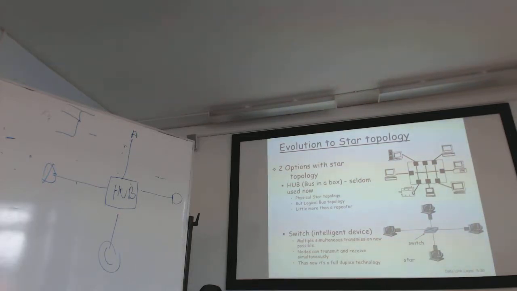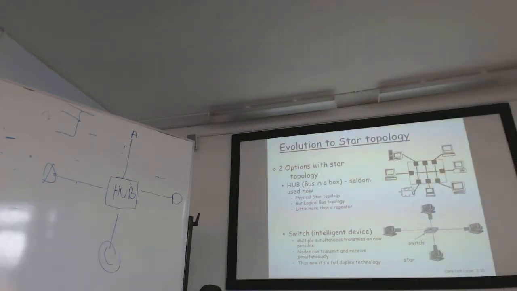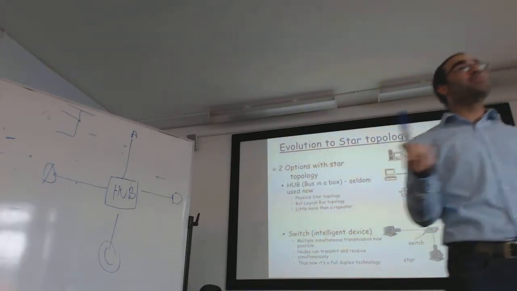So the hub was a bus in a box. Very rarely used. It was very fast. The switch was created afterwards, in 2000 came the switches. They are physical star topology, but logical bus topology, which has little more than a repeater, but they were dumb devices. I'll have it in full details. When I say dumb devices, you cannot plug and play.